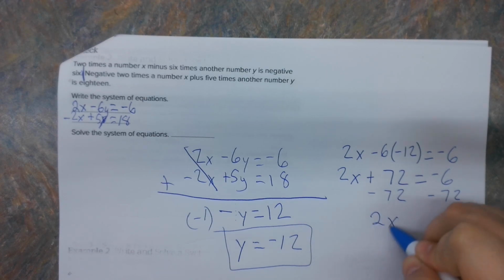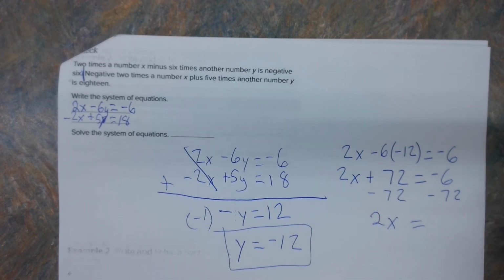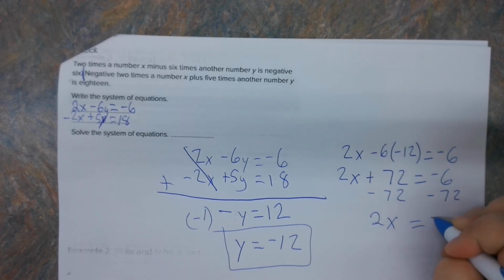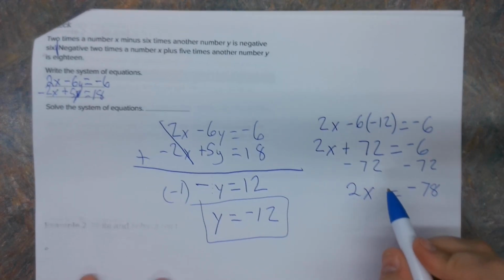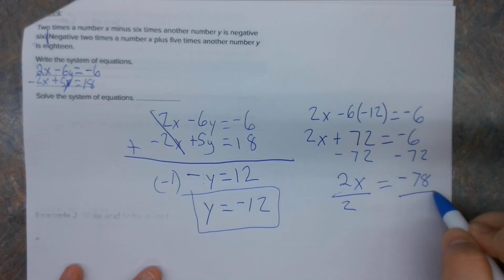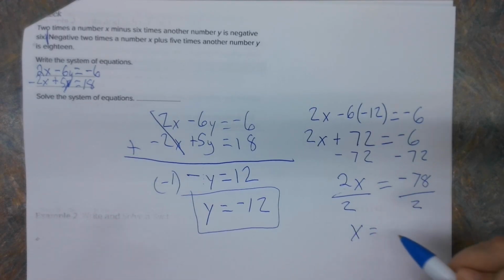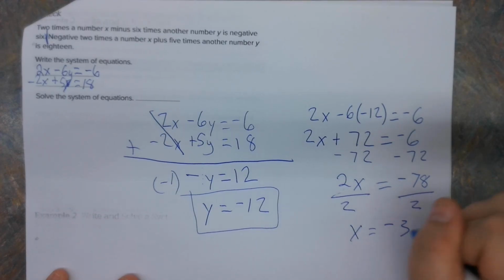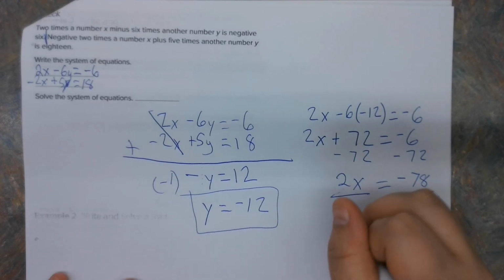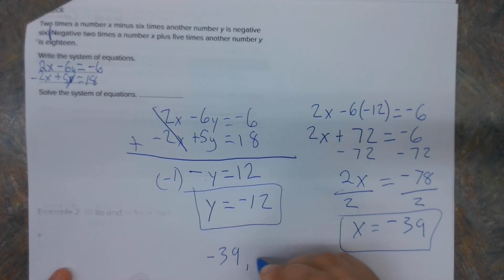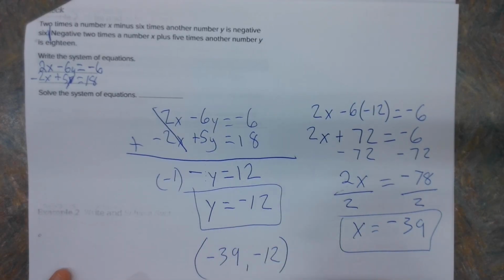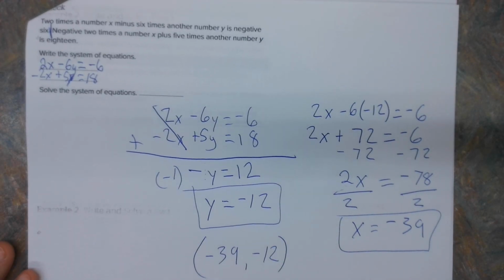So now I have 2x equals negative 6 minus negative 72 is going to be negative 78. Divide by 2, divide by 2. X equals negative 39. Write them as an ordered pair. Negative 39, comma, negative 12. Okay?